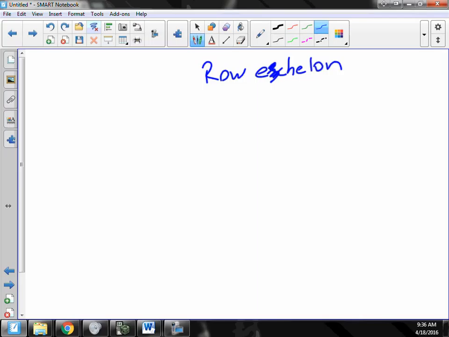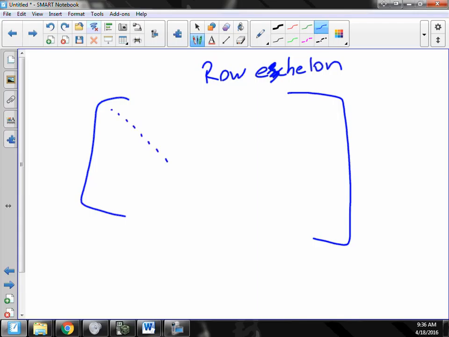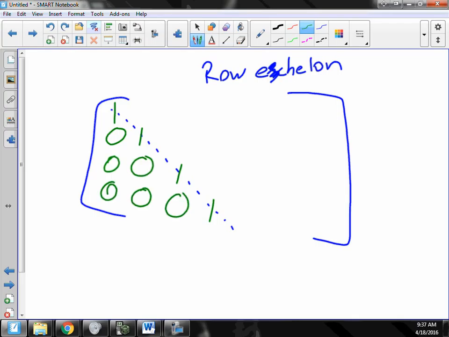The third row has a 1 in the third place with zeros before it. And the fourth row would have a 1 in the fourth place with zeros before it. So row echelon form, no matter how big your matrix is, on the diagonal, you will always have the number 1. So this would be a 1, this would be a 1, that would be a 1, that would be a 1, and zeros in front of it. So the second row would have a single 0 in front of it. The third row would have 2. The fourth row would have 3, and so on.